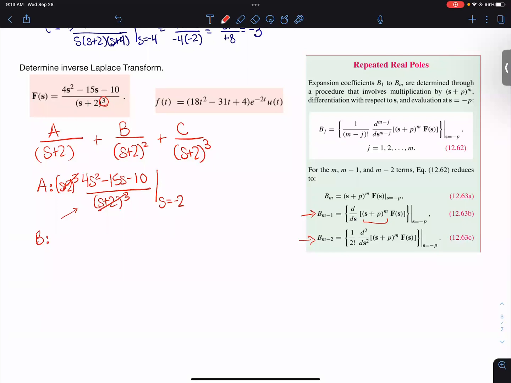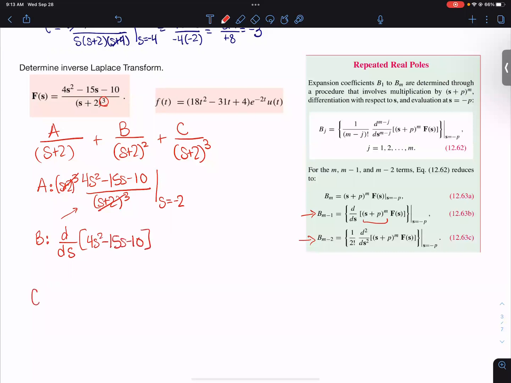Yes. Why do you multiply it by S plus 2 cubed? Or is that from the theorem? This is just the theorem of it. And so you have to take the derivative. So we're going to take the derivative in this case with respect to S of the 4s squared minus 15s minus 10.